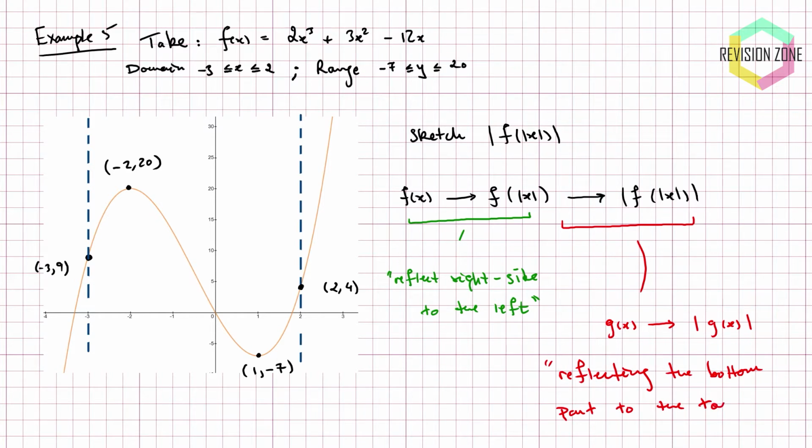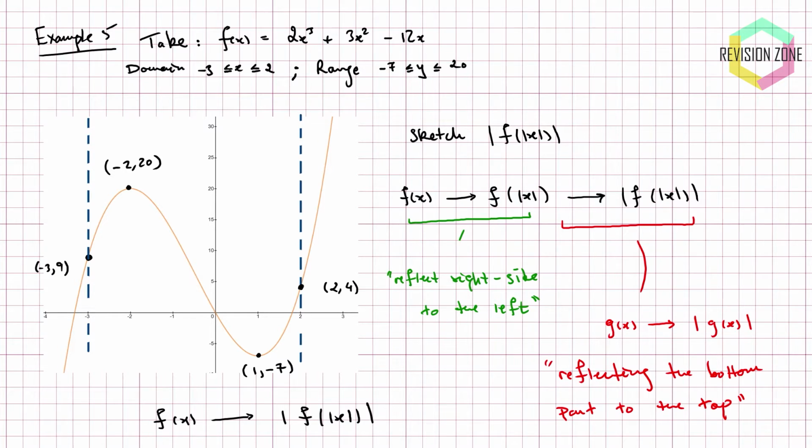So what do I mean by the bottom part? I basically mean something that's below the x-axis, right? So looking at this overall transformation, which is f of x goes to f of the modulus of x and then the modulus of that, as two separate transformations, we can get the graph of this from the graph of f of x just by doing the first transformation and then doing the second transformation.